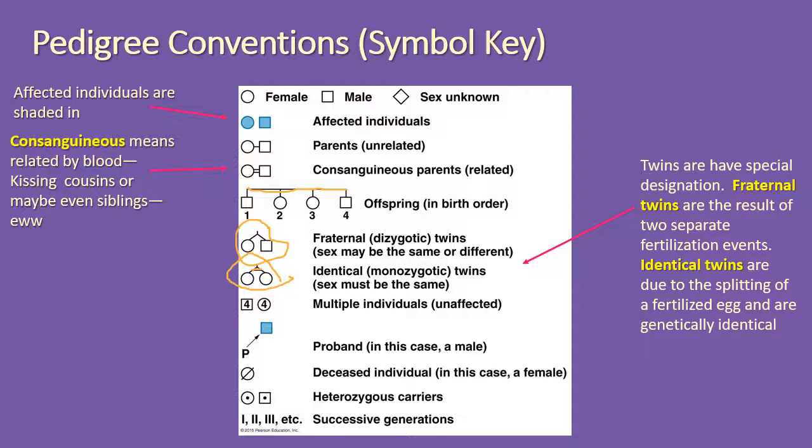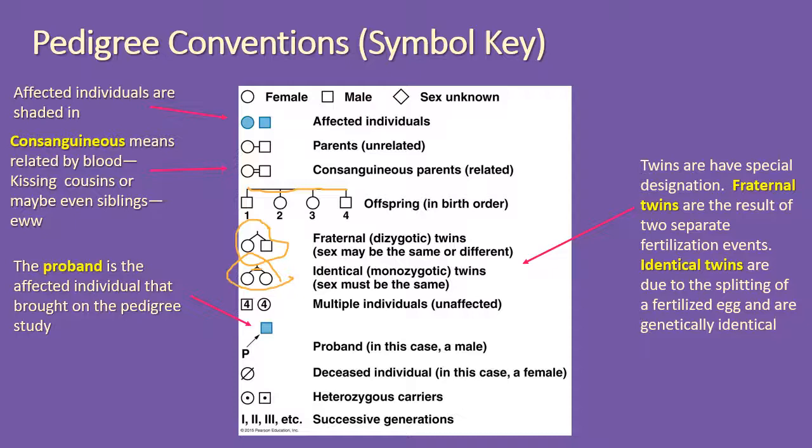The proband is the actual target, the reason that the pedigree is being studied in the first place. You've got this affected individual, and you want to know where they got this trait from. So you study the family, going up and down and sideways, looking at all the family members.